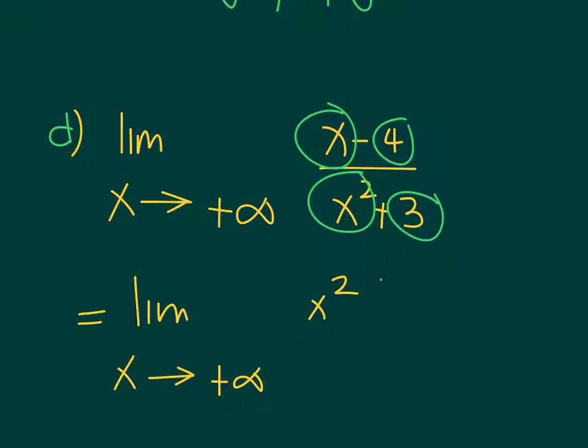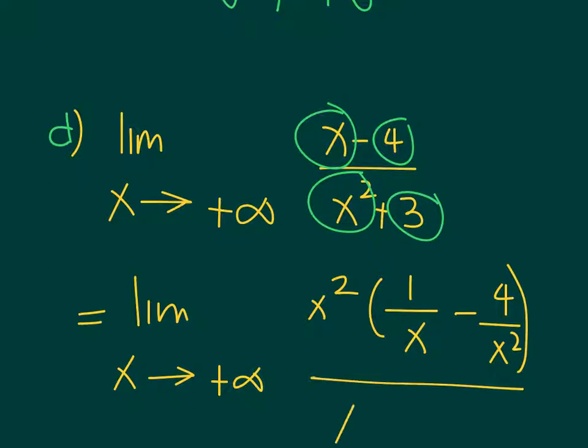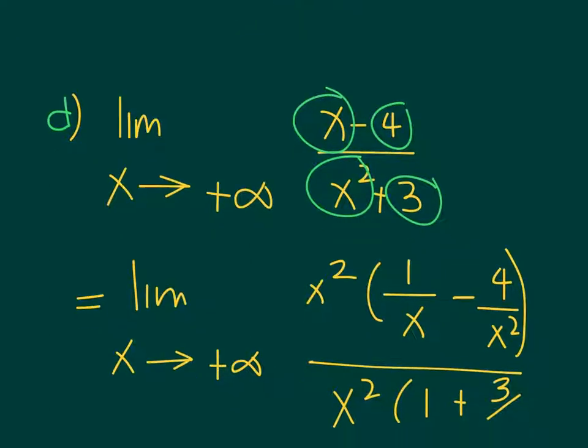If we do that, what will happen to x minus 4? 1 over x, tama. And then 4 over x squared. And then same in the denominator, x squared times 1 plus 3 over x squared.